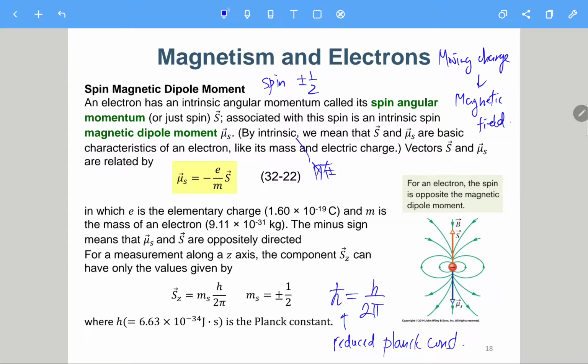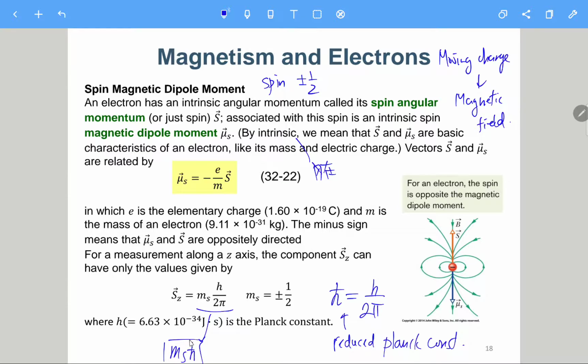Because for many of the equations in quantum mechanics, if you use h bar rather than h over 2 pi, then the equation will look easier. For this case, it is nothing but m_s h bar. It's just like F equals ma, something like that. So we only have Sz equals m_s h bar. Here m_s is nothing but plus or minus 1/2.